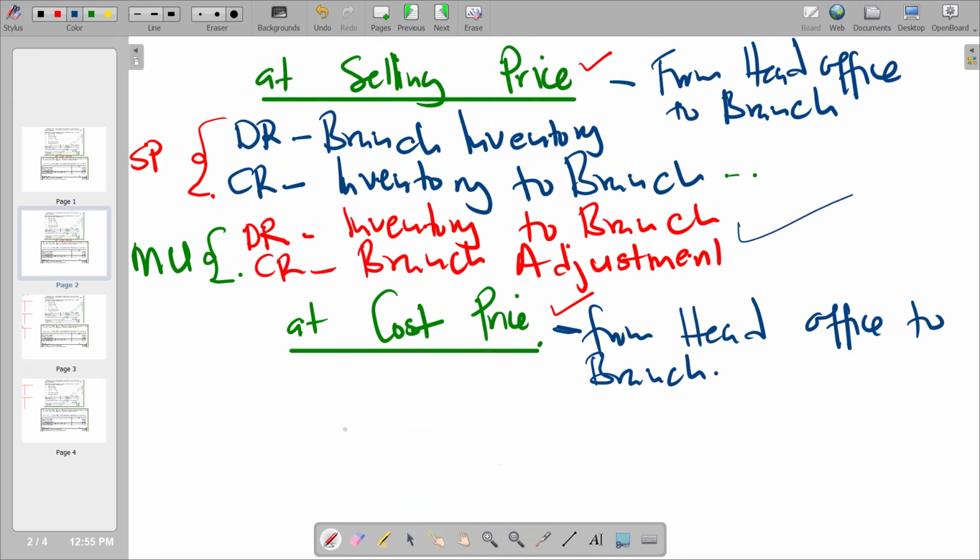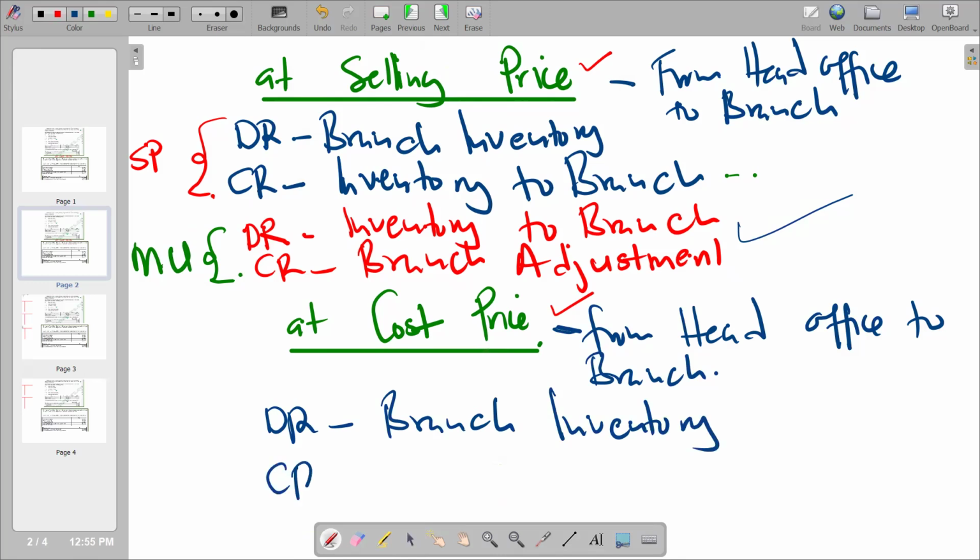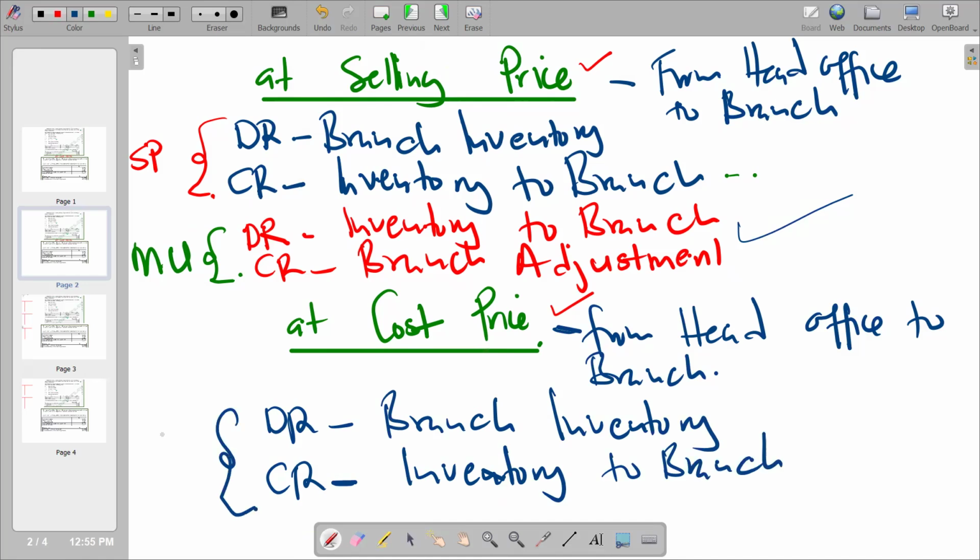So what you just need to do is to debit the branch inventory, and then you credit inventory to branch, using the value that we have at cost price. So this is the value that is needed to be in the inventory to branch. So there's no need to do the second double entry of markup because there's no markup when you are transferring at cost price.